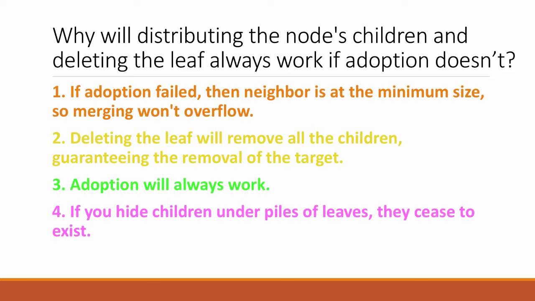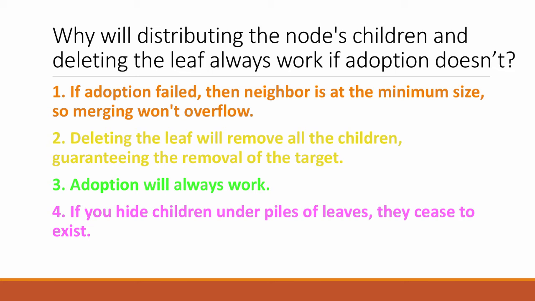Why will distributing the node's children and deleting the old leaf always work if adoption doesn't succeed? Okay, so let's examine these answers in their order of most wrong to least wrong. First off, the last answer is silly. We can just cross that out right now.